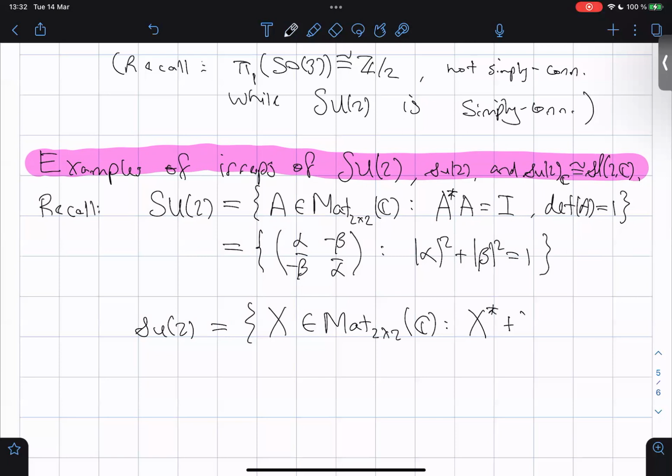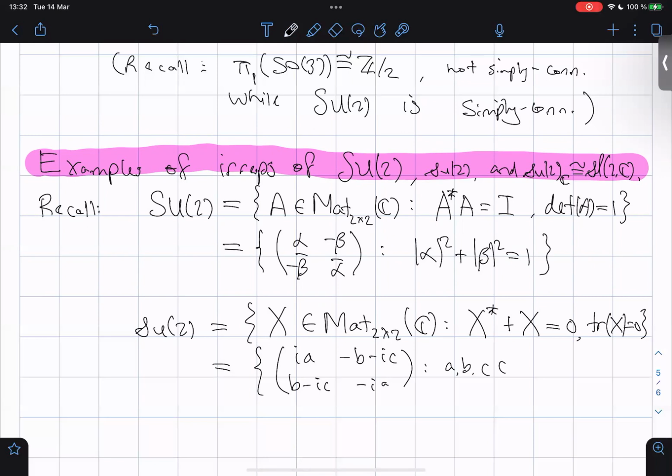So this product will translate into a sum at the infinitesimal level. And so su2 consists of those matrices that are skew-Hermitian and trace-free. Determinant one converts at the infinitesimal level to this trace-free condition. Again, I'll make that explicit. These are 2 by 2 matrices that look like this, where a, b, and c are all real. So that's big SU2 and little su2.